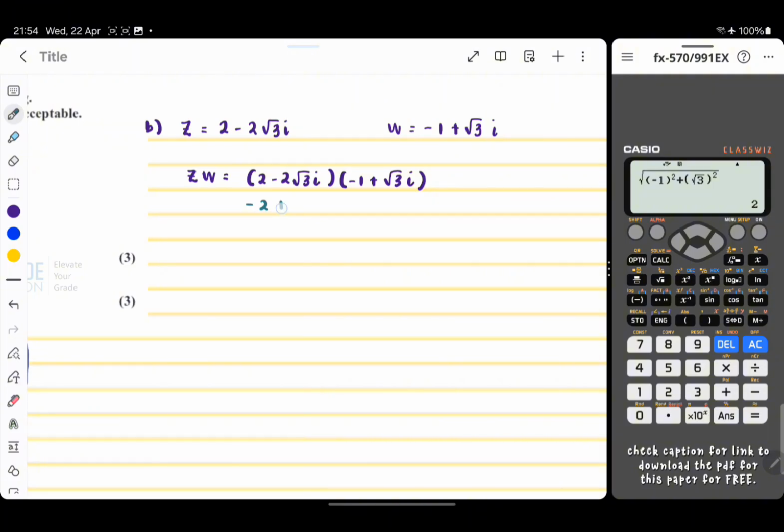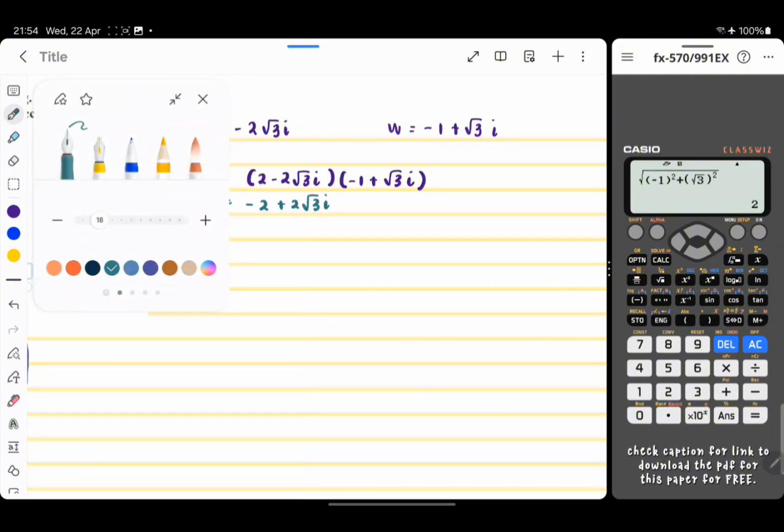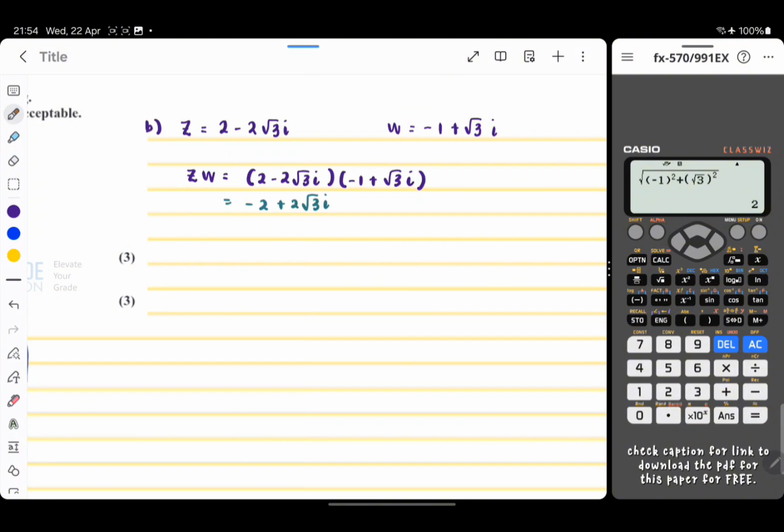negative 2 plus 2 root 3i. And then we have plus 2 root 3i minus 2 multiplied by 3 multiplied by i squared. So for our constant or the real component, we have negative 2 here, plus minus 2 multiplied by 3 multiplied by negative 1.